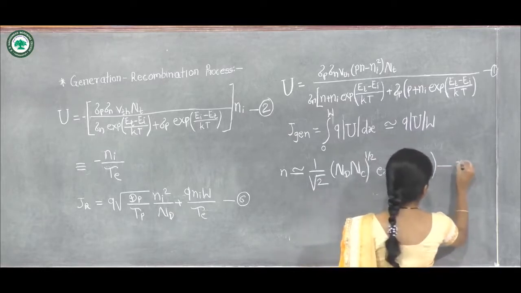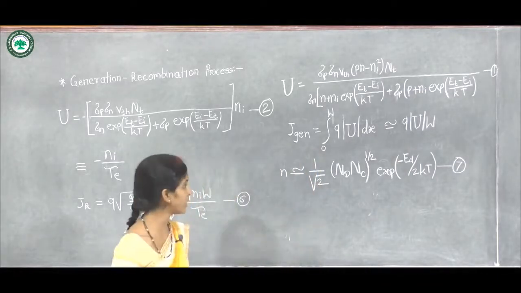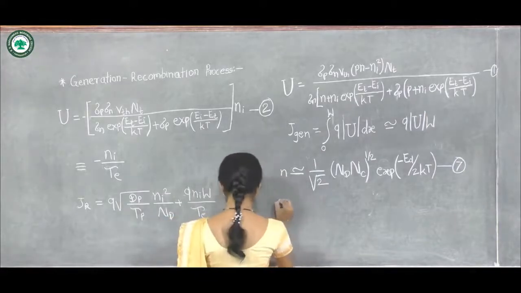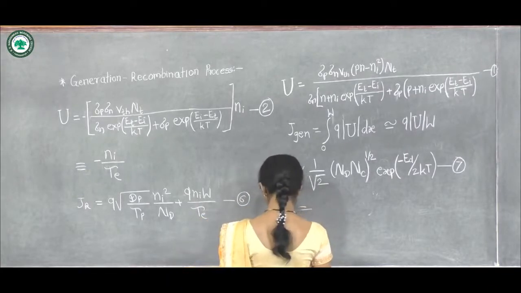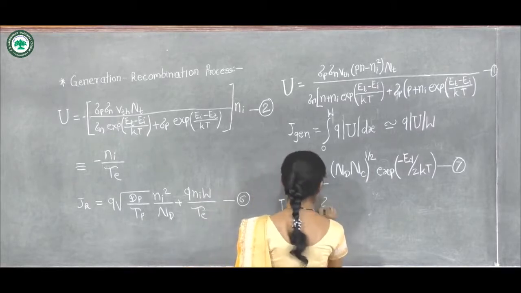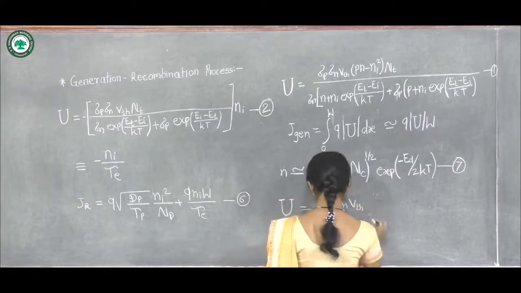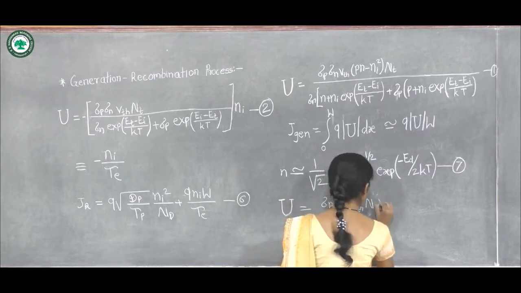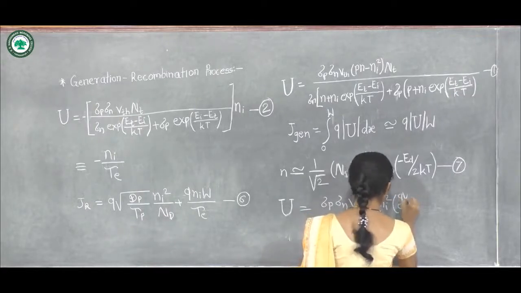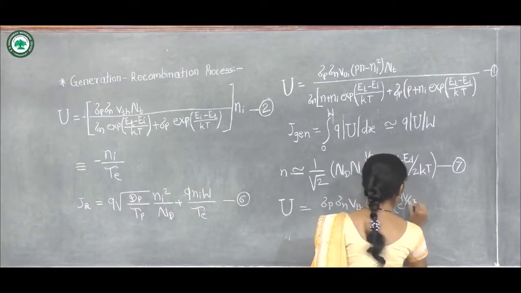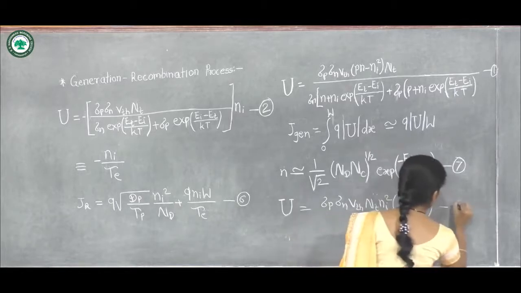This is equation number 7, and by substituting this equation in equation number 1, we get U is equal to sigma p into sigma n into Vth into Nt into Ni square into (e raised to qV by kT minus 1). This is equation number 8.